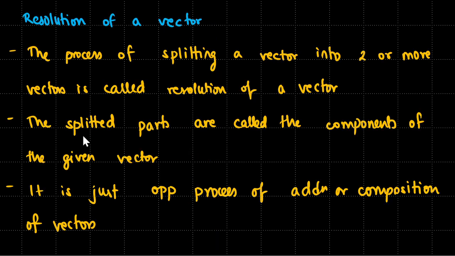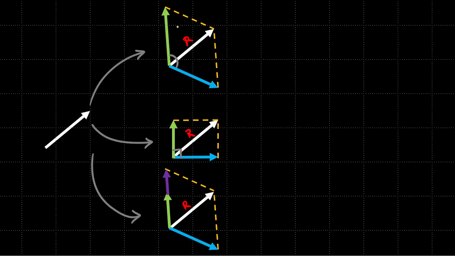Now let's go back and look at the second part. The split parts are called the components of the vector. So this part and this part are split, this part and this part are split. The dotted lines are not the split parts, and so these lines will be called components.